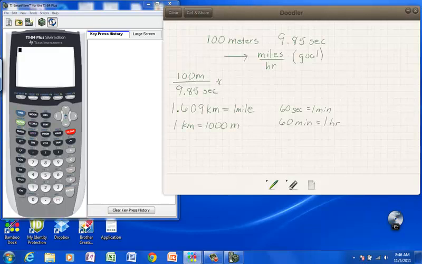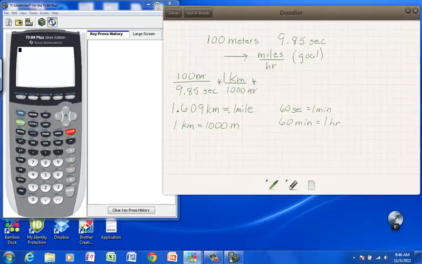So let's try and write these out so that our units cancel. So I have the meters to cancel, so I'll use this one. 1,000 meters is 1 kilometer. And the meters will cancel.